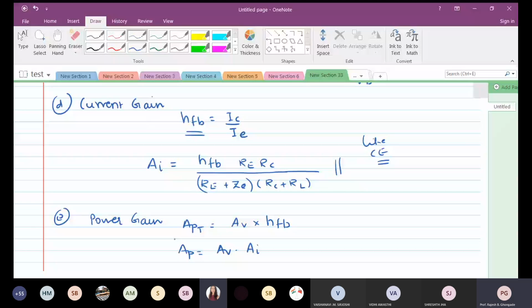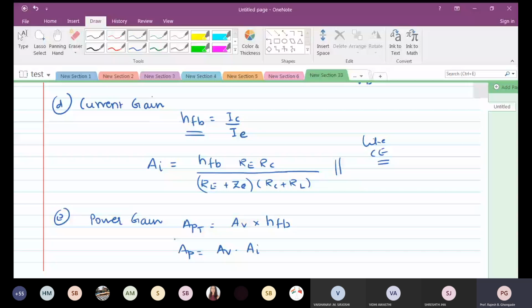All right. So we have seen the derivation for common emitter, common base, and common collector voltage amplifiers. I think we've already run out of time. So next time we will have a comparison of these voltage amplifiers.